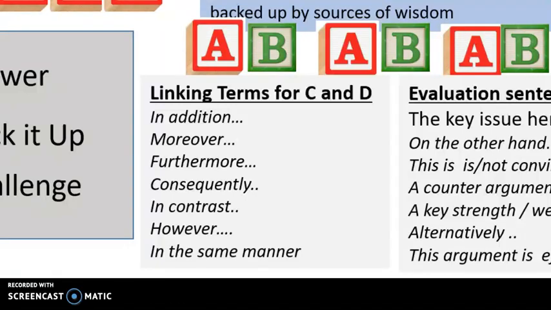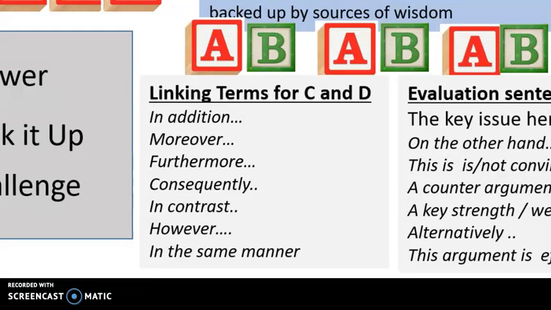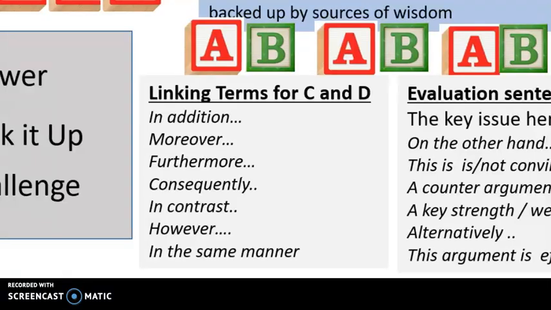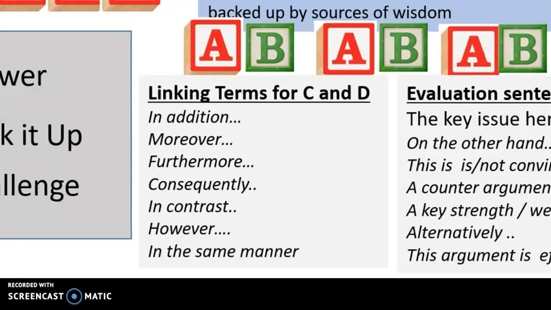As soon as you sit down in your exam, write 3 or 4 linking terms down and then use them over and over again. When the examiner marks your paper, they only see the current question or answer that they are marking. So they don't know that in every Part D you have used furthermore and consequently. So use them over and over again.